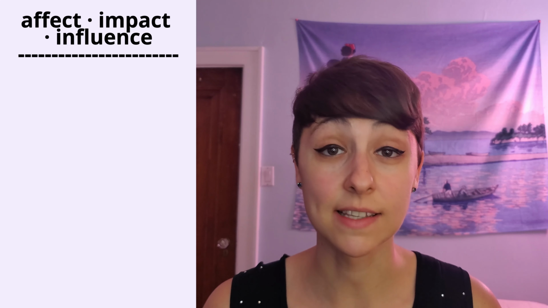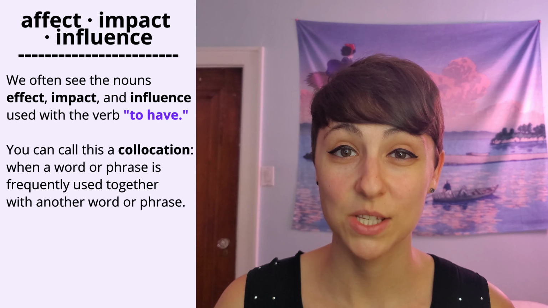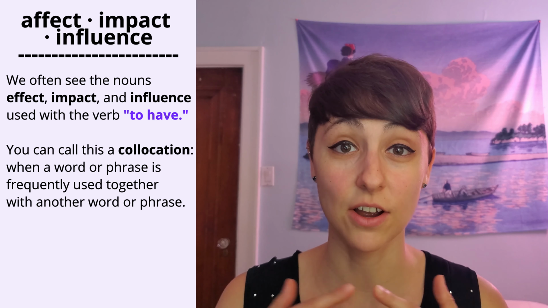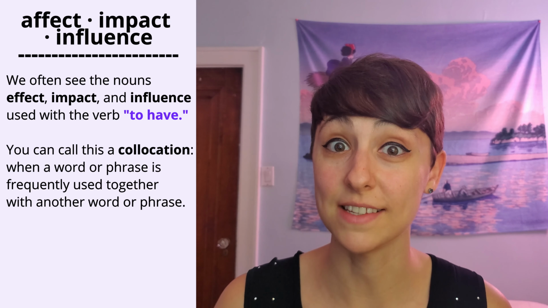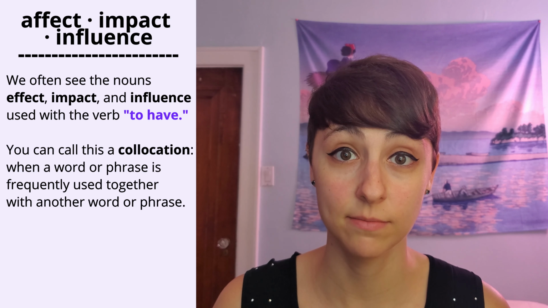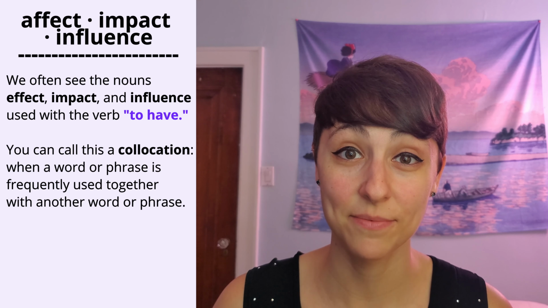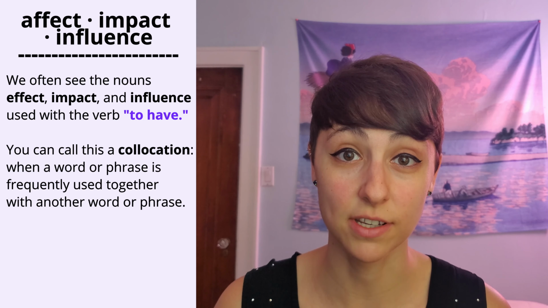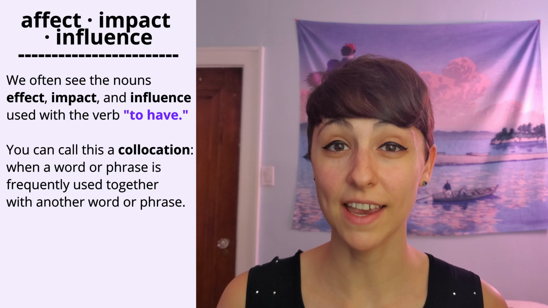So let's try to express the same ideas in the example sentences before, but with these words as nouns instead of verbs. So the most common verb to be used in combination with these nouns, affect, impact, and influence, is have. You can call this common combination a collocation.